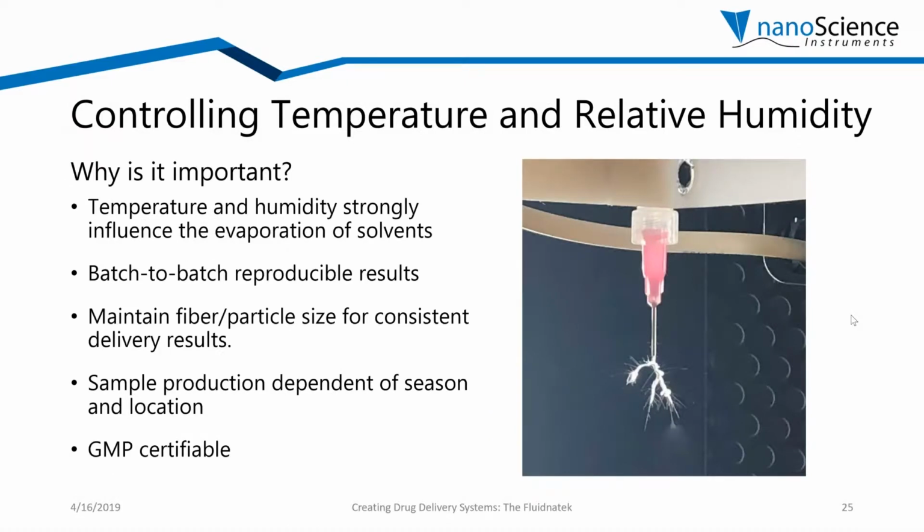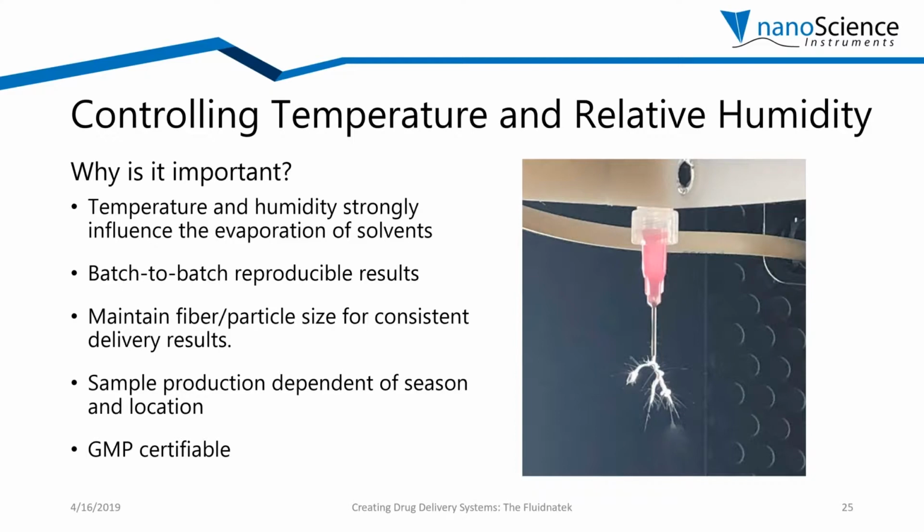In order to avoid unreliable results, controlling temperature and relative humidity is really crucial. But why is controlling these two parameters really crucial? As you may know, temperature and relative humidity have a strong influence on how the solvent evaporates during the electrospinning or electrospraying process. These two parameters vary strongly according to the location and season of the year.